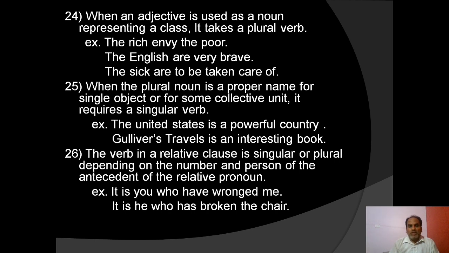It agrees with you because you is the antecedent of the relative pronoun who. So the verb have agrees with the antecedent. It is he who has broken the chair. Here the verb has agrees with the antecedent he.